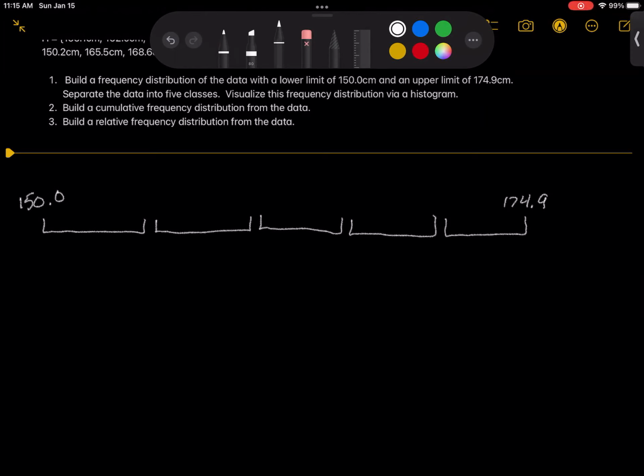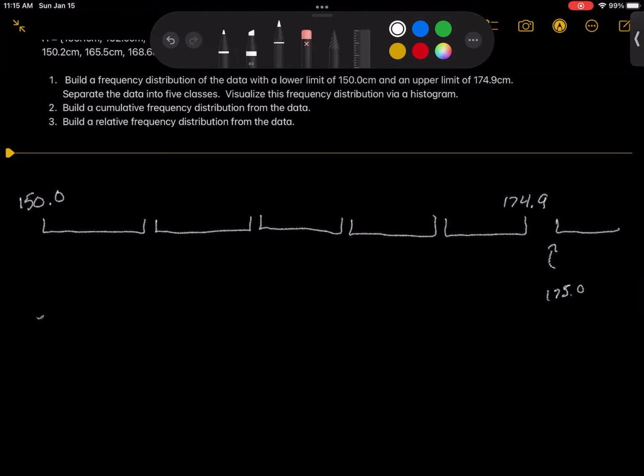So the next class would have picked up at 175.0. So my data range, I can think of that as approximately 25, right? Technically, it's 24.9, but the next class would have picked up at 175.